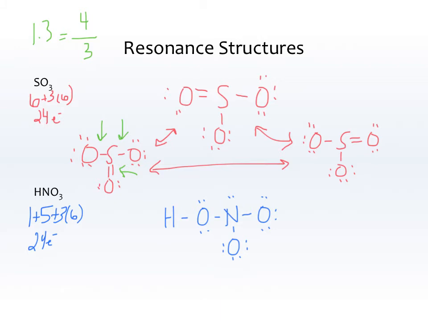We're going to have to take away two pairs from adjacent atoms and make a double bond. Now, it is not equivalent to put a double bond right here because that oxygen already has 2 bonds. So instead, I'm going to pick the nitrogen with one or the other of the oxygens it's not bonded to. So let's start with the nitrogen and the oxygen on the right-hand side and give that a bond.